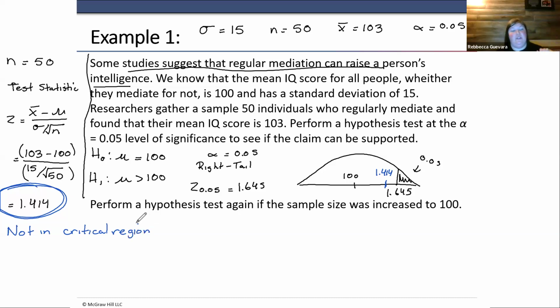So if I am not in the critical region, that means, like I said, the critical region is the rejection region. I'm not in the rejection region, so I cannot reject. We fail to reject. We do not have evidence that meditation causes an increase in IQ.